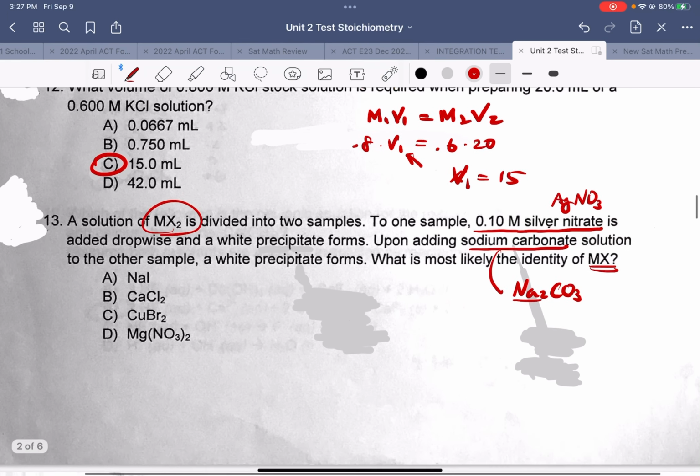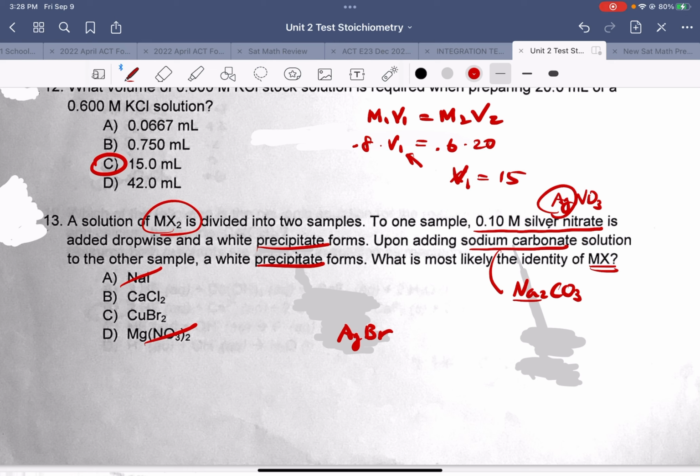So think about this. Which one forms a precipitate? If anything is soluble, you're never going to get a precipitate. Na is very soluble, so you're not going to get any precipitate, or NO3 also, we talked about it. Those are very soluble. So the answer comes down to B or C. If you think about it, Ag here, AgBr is a white precipitate. And here we make CuCO3, so that's also a white precipitate.